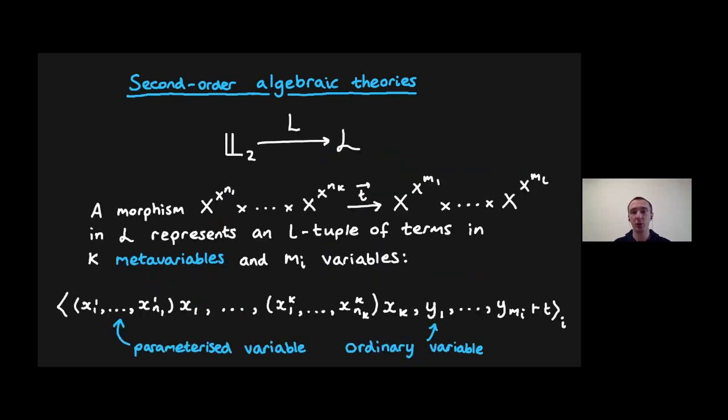We can look a bit more concretely again at what structure these algebraic theories capture. A morphism between objects of a second order algebraic theory is again going to represent a tuple of terms. But now the terms are not just going to have free variables, they're also going to have free metavariables. And what's a metavariable?